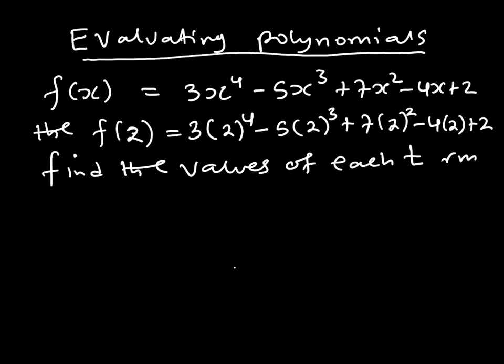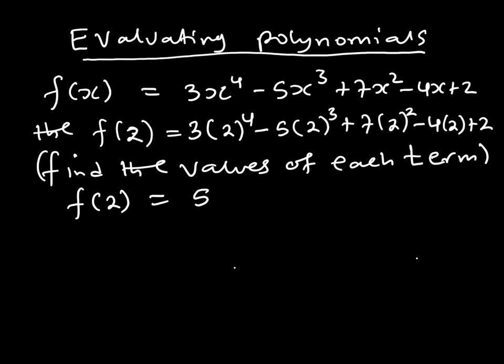And then after, we add the values we get for each term, and then find the value of the polynomial. We have evaluated the polynomial at the point x equals 2. Okay, so if you go ahead and find the values of each term, you discover that f of 2 is about 53.